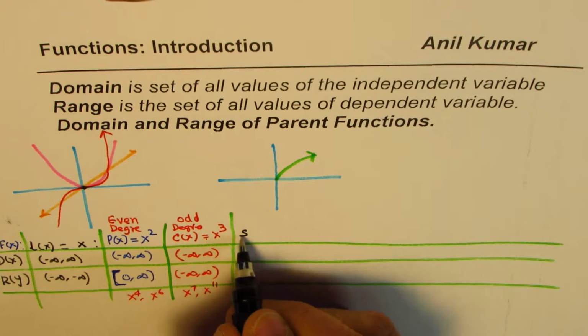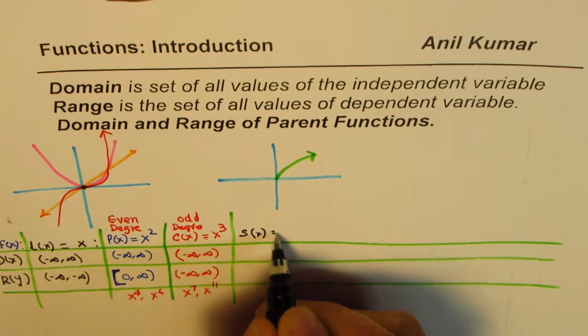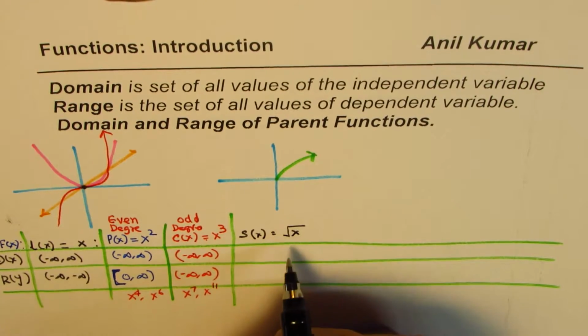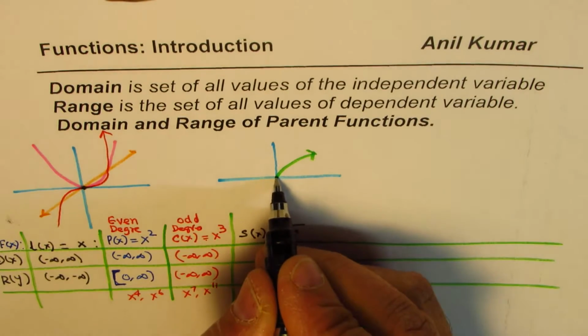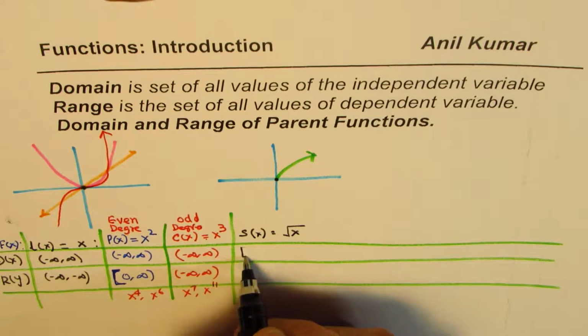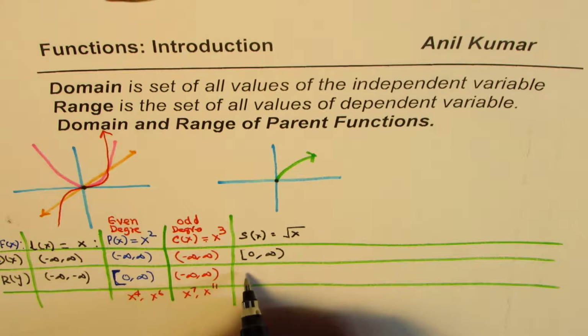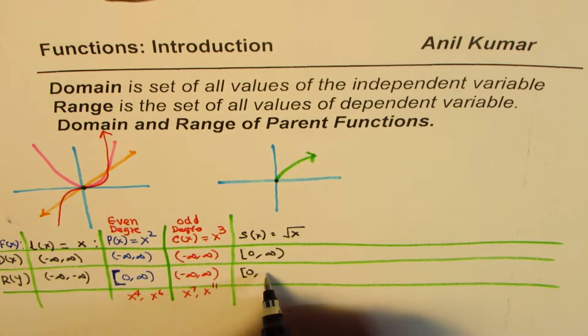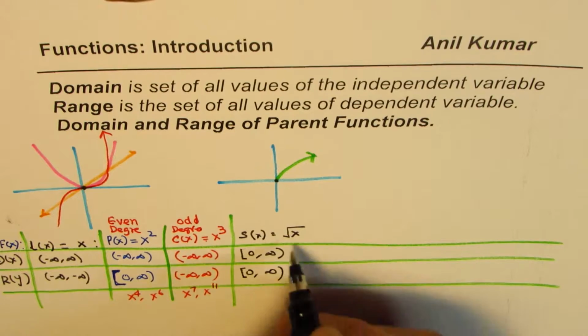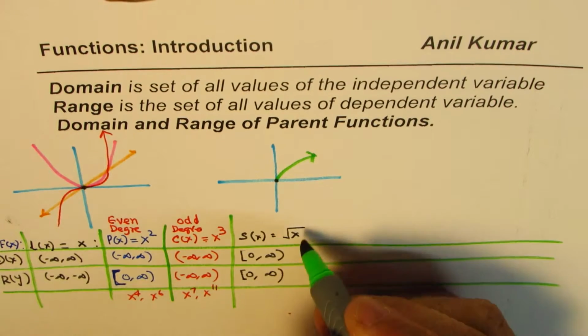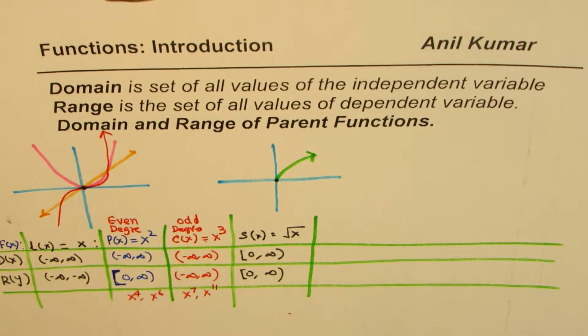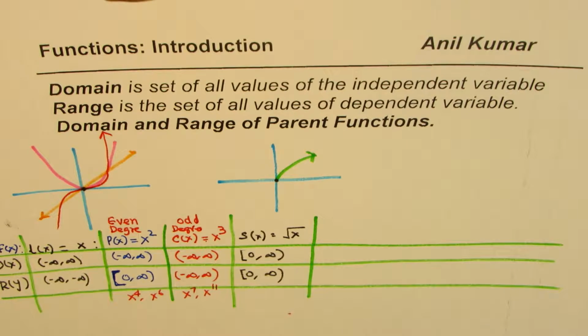S is a good name, s of x, which is square root of x. For the domain, 0 is included, and it could go to positive infinity, which you can never include, and then the range is exactly the same. It is in quadrant 1, right? So both are through the origin. The origin is included in this particular case.